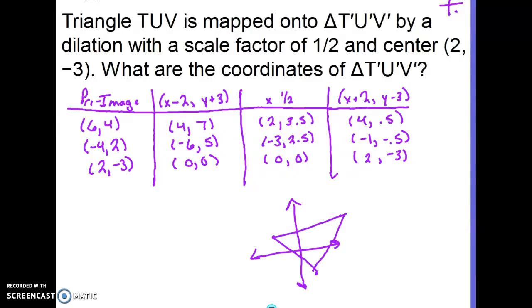And then the figure that we ended up with is at 4, 0.5, so just right here. Negative 1, negative 0.5, and then 2, negative 3, which is right here. Yeah, so it looks to me like that figure is half its size, and it looks like it explodes outwards from this point down here, which is good, because that's what we wanted the center of the dilation to be.